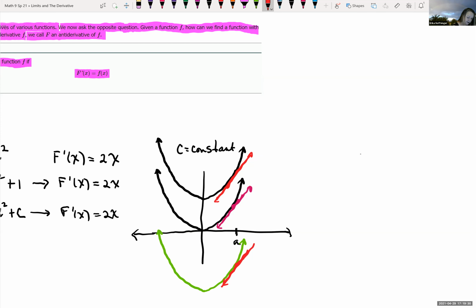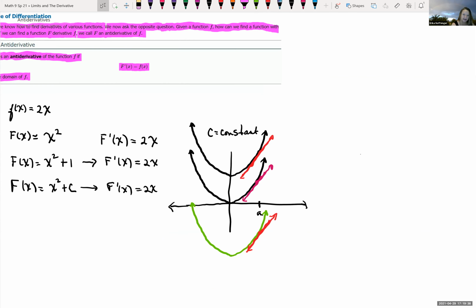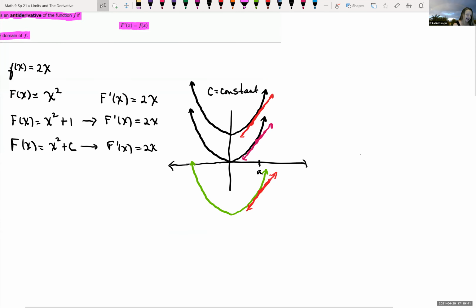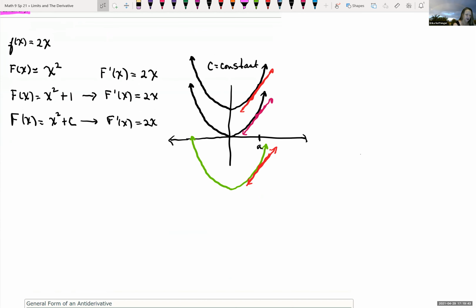So these all have the same slope. That constant doesn't affect it. That's the reasoning behind why we can add that constant c in there.